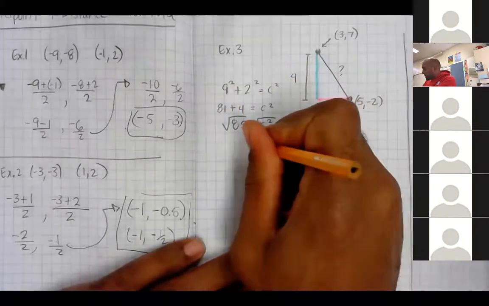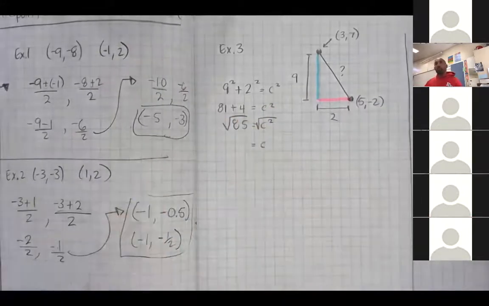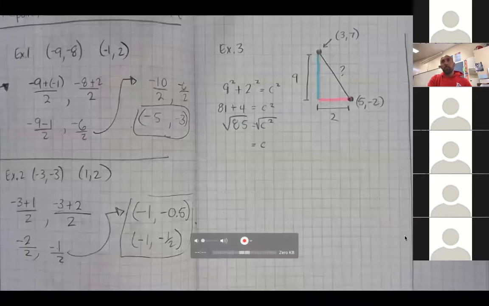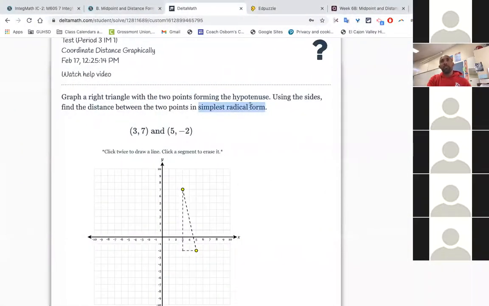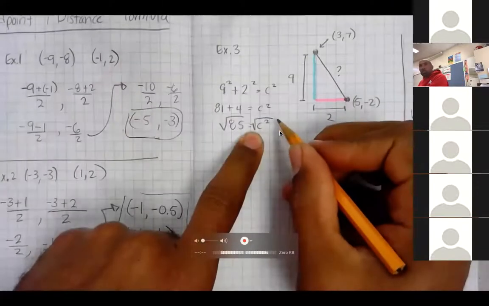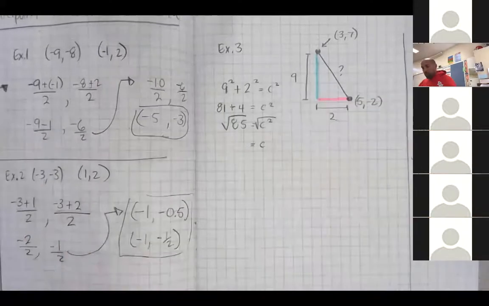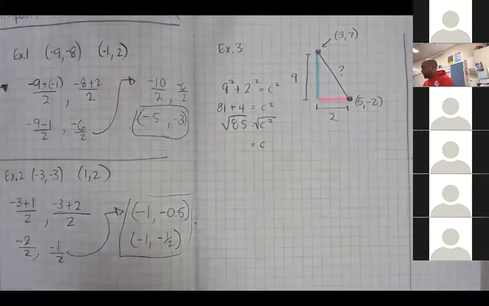And then we end up with C equals, now, if you remember, Deltamath says we want the simplest radical form. So this thing, guys, the square root symbol, let me write it, that is a radical.